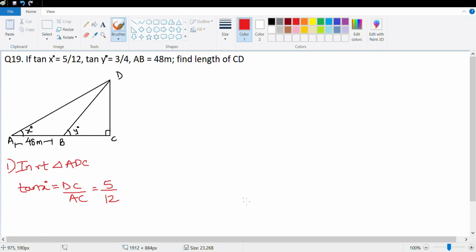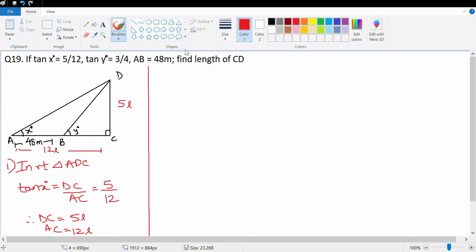Therefore DC is equal to 5L and AC is equal to 12L. Why have I taken it as a factor? Because this is not equal to 5 directly, it is a multiple of 5 because this is a ratio.